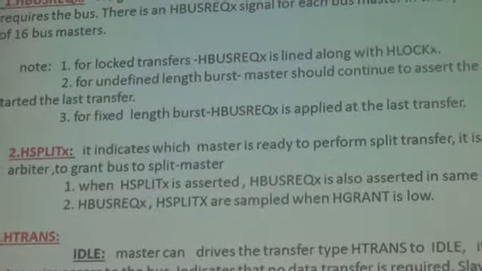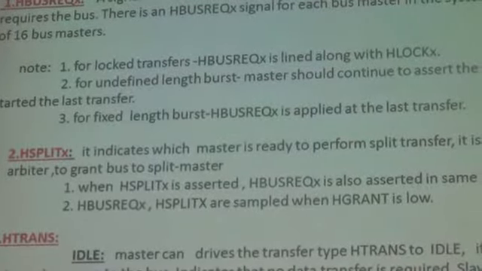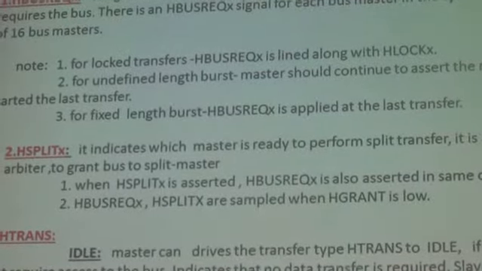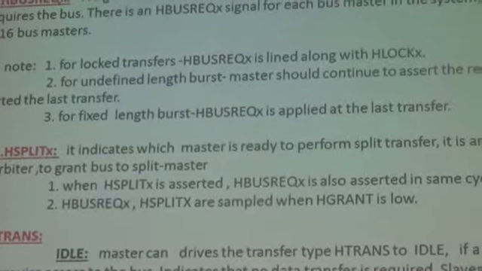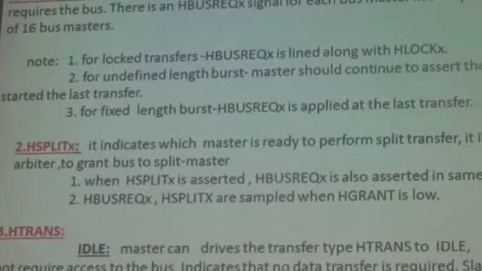That is a burst. If there is a burst but we don't know its length, it may be anything. So for an undefined length burst, the bus master should continue to assert the request until it has started the last transfer.